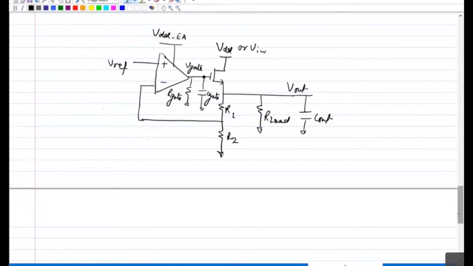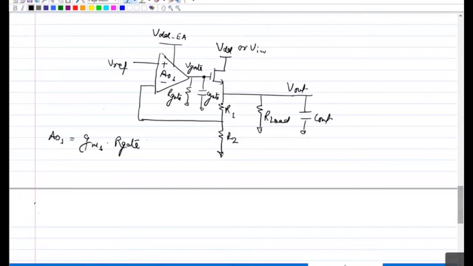So at DC, if this is A0,1, where A0,1 is gm1 times R gate, it will be divided by... because your source follower, ideally you will have a gain of unity.